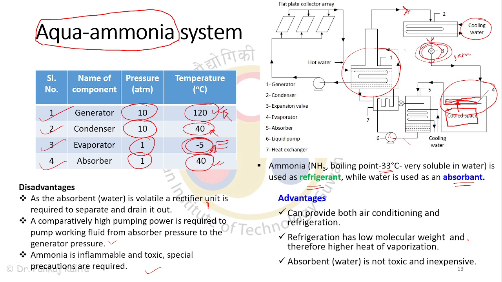So solar thermal energy is basically utilized for the generator system, to provide hot water to the generator. I will explain this in detail. We will solve one question and then we'll see how this actual system is utilized with solar thermal energy.